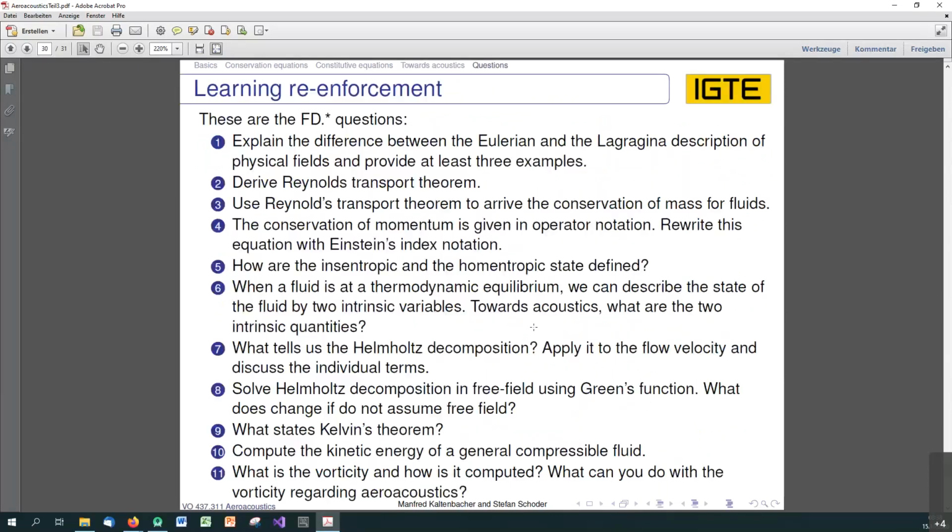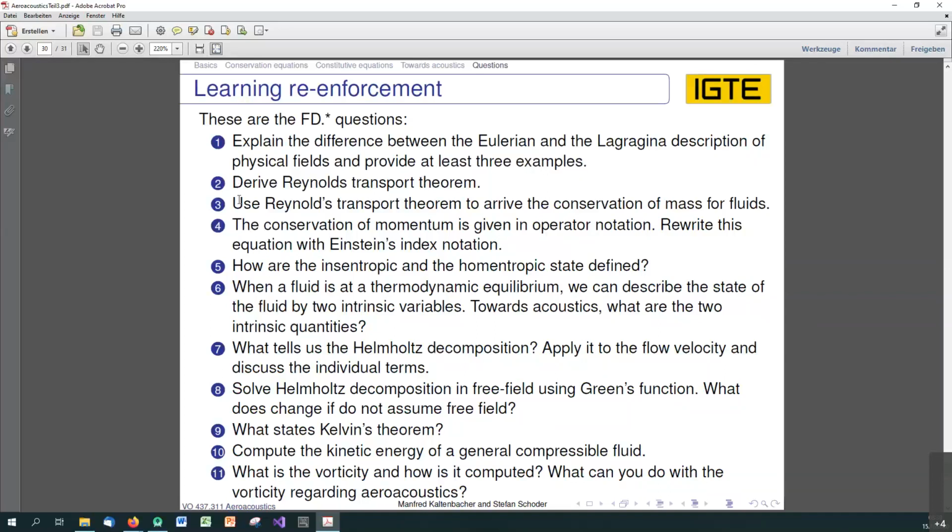For the lecture, you will have to hand in the first question: explain the difference between Eulerian and Lagrangian description of physical fields and provide at least 3 examples. The examples are in your textbook. Just look them up and you will get some idea what it is.